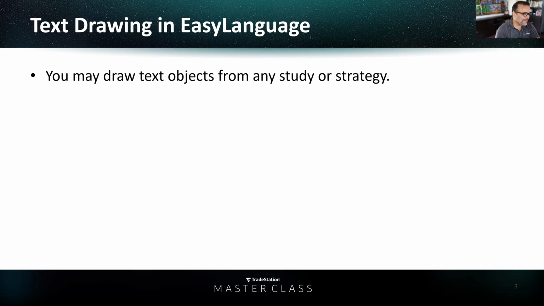First, you may draw text objects from any study or strategy, which is pretty cool, because some of the Easy Language words that we want to use sometimes are exclusive to just one type of Easy Language document. What I say by that is, and I'll give you a clear example.